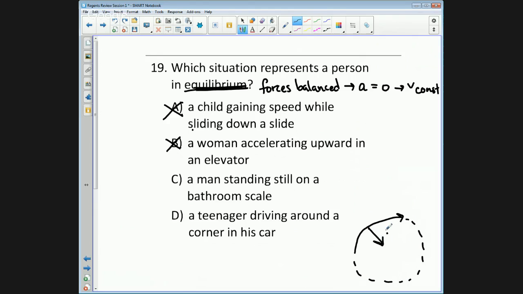So you actually do have acceleration here pointing towards the center of this circle. So this is not the choice either. So by elimination, the answer is C. The person's at rest, which happens to be constant speed. Okay, so V equals 0, which means V is constant. When V is constant, the object is in equilibrium.